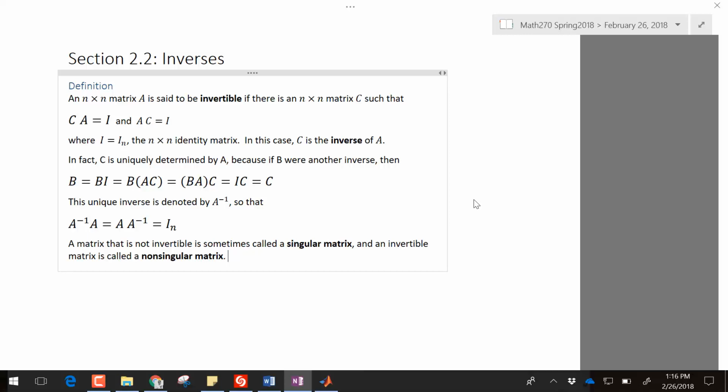That matrix is unique because if you were to come up with another possible inverse, like B, then they show B is eventually going to equal C, which makes it that very same matrix. So if the inverse exists, that inverse matrix is unique. There's only one inverse for a particular matrix. In other words, you can't have two different inverses for the same matrix.